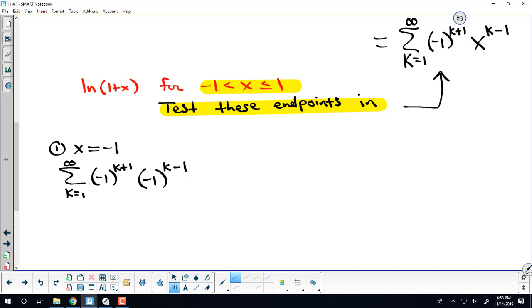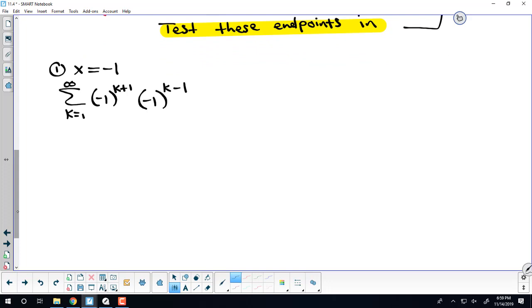So just break this stuff up. You have -1 to the k times the other -1 to the k. This is also -1 to the first power. This one's also -1 to the -1. So -1 times -1 is +1.